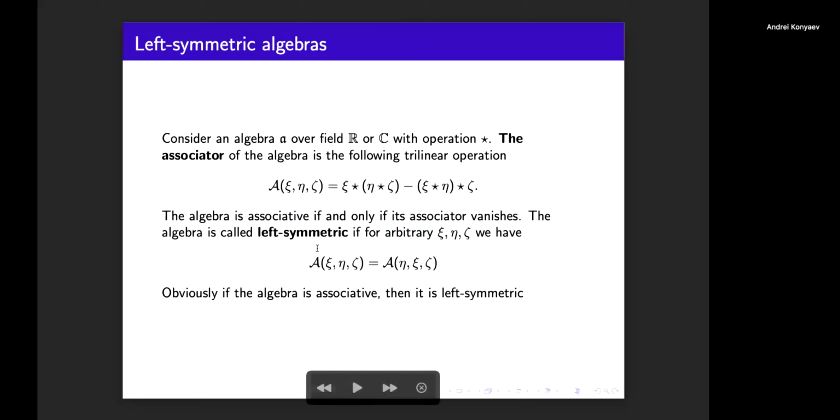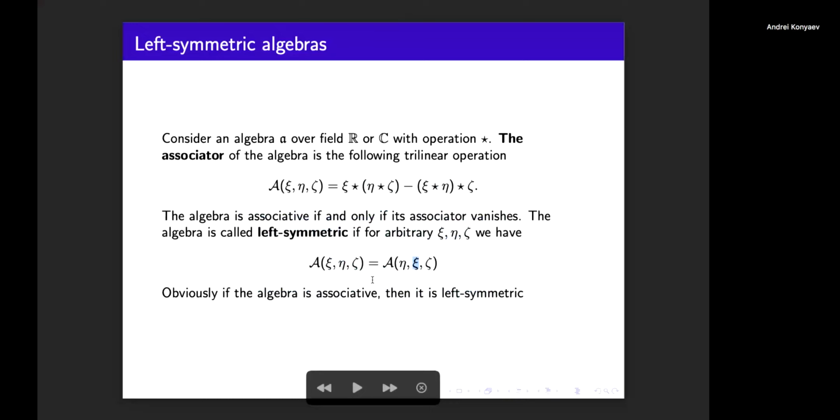Here, that's what we do. We call an algebra left symmetric if its associator satisfies a lighter condition: it might not vanish, but if you take this argument and this argument, you can switch them. This is called left symmetry. Basically, you take three arguments, take the first and second from the left, and you can switch them, and the associator does not change.